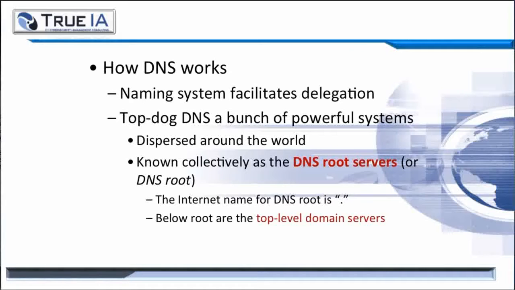The top-level DNS is the most powerful, and there are several of them dispersed around the world, known collectively as DNS root servers. The internet name for DNS root is dot. Below the root, you have top-level domain servers.